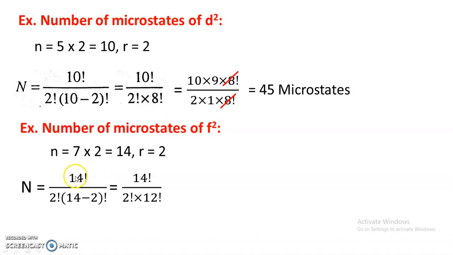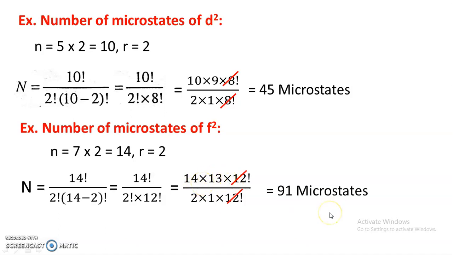So this is equal to 14 factorial upon 2 factorial into (14 minus 2), that is 12 factorial. When we simplify this, 14 factorial we can write as 14 into 13 into 12 factorial upon 2 into 1 into 12 factorial. The 12 factorial cancels, and when we solve this, 14 by 2 is equal to 7, and 13 sevens are 91.